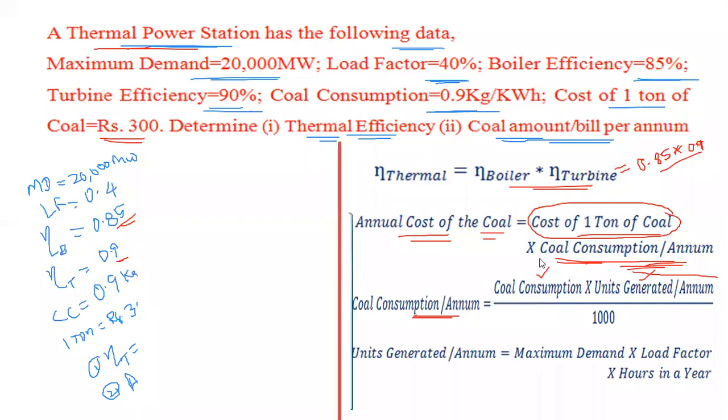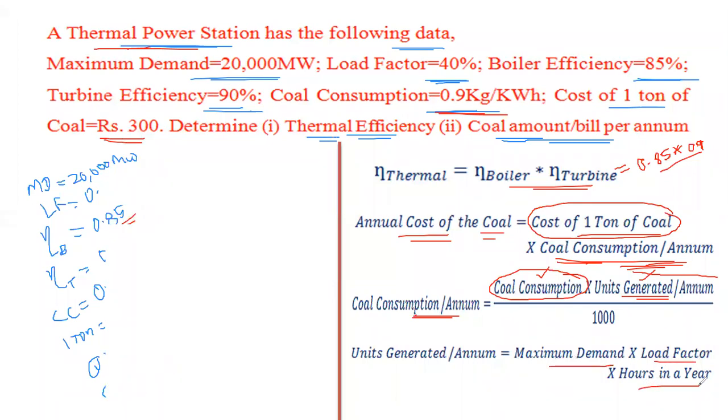Here again we don't know the value of units generated per annum, but the coal consumption is clearly mentioned, 0.9 kg per kWh. Here the coal consumption value is there. We want to find out units generated per annum. The formula is the maximum demand into load factor into hours in a year.